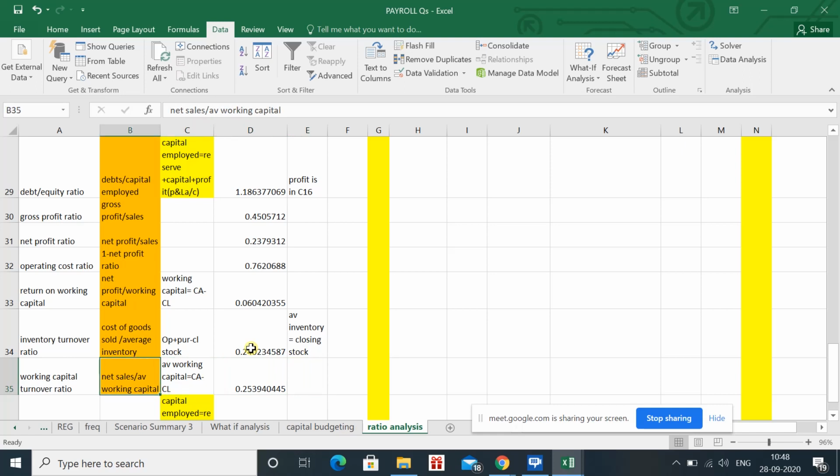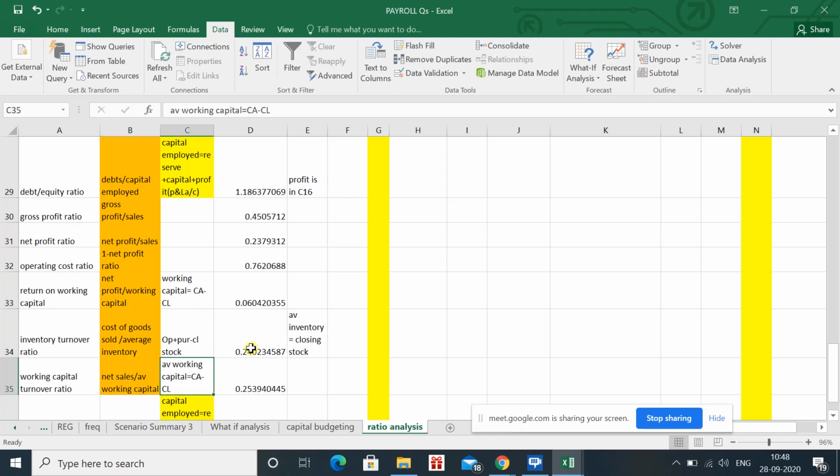Then working capital turnover ratio. Net sales divided by average working capital. Net sales we can get from the trading account, and then we have the average working capital.